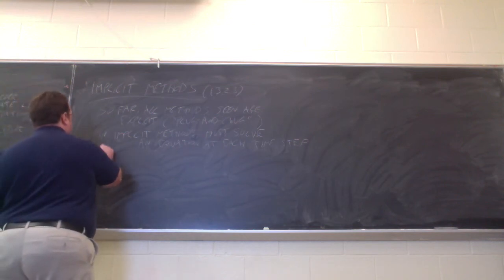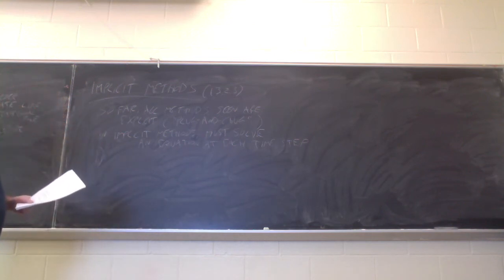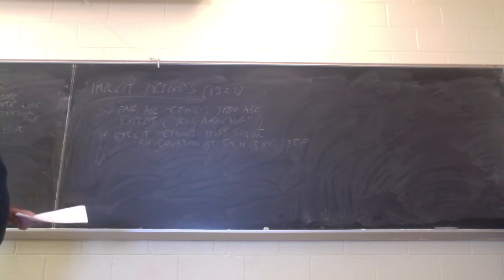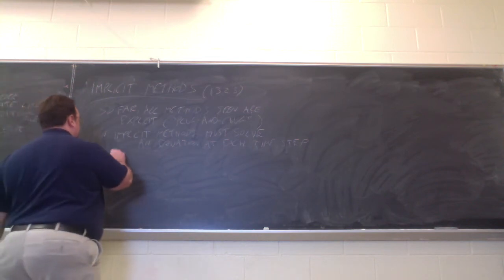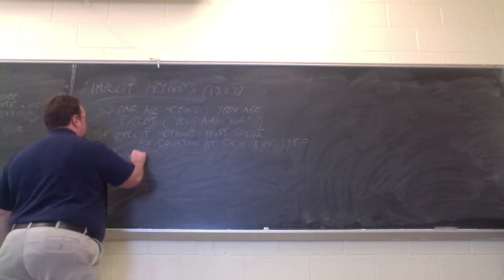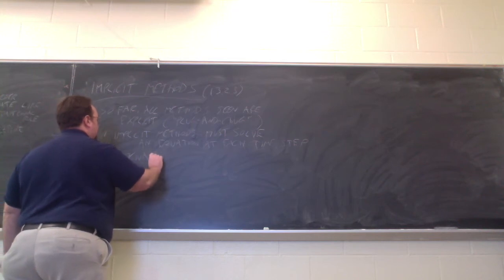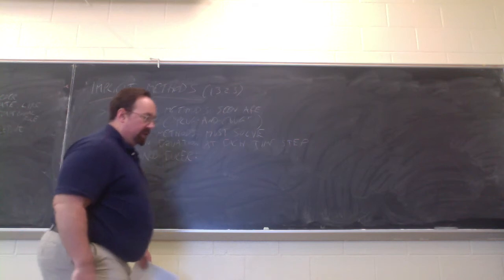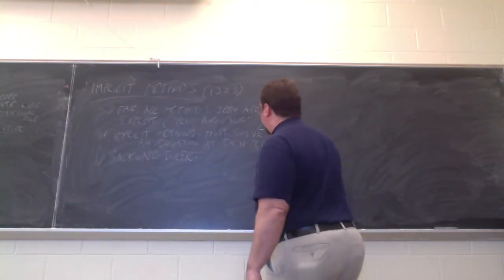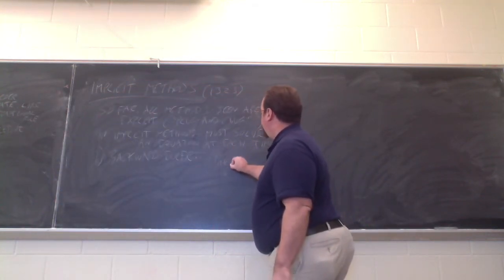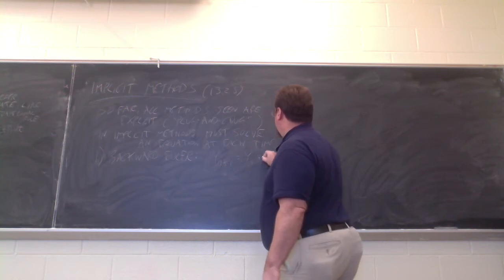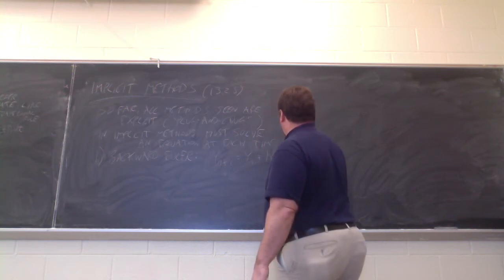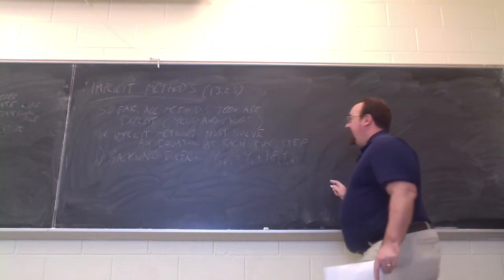Here are some examples of implicit methods that are actually just slight changes of methods I've already shown you. There's backward Euler. Now, if you recall, Euler's method is yn plus 1 is yn plus h f of tn, yn.